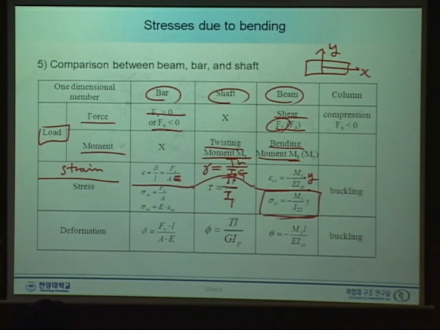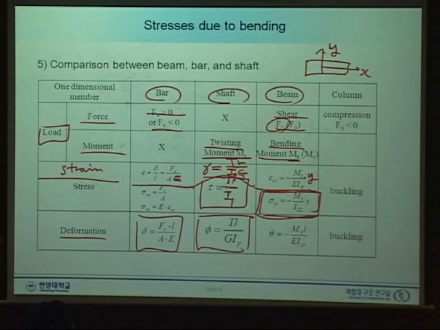Again, in beam theory, this is the stress, final form. And in shaft torsion theory, this is the final shear stress. That is the key part. And for deformations, simply delta is FL over AE or EA. And the angle of rotation is TL over GIP.